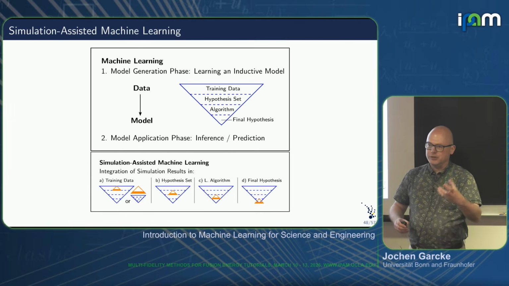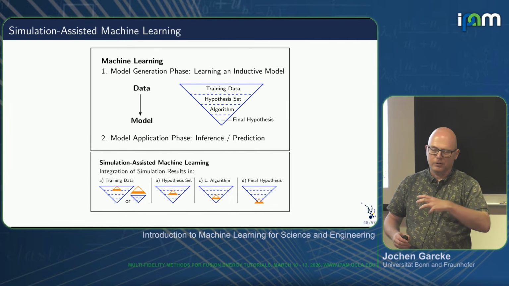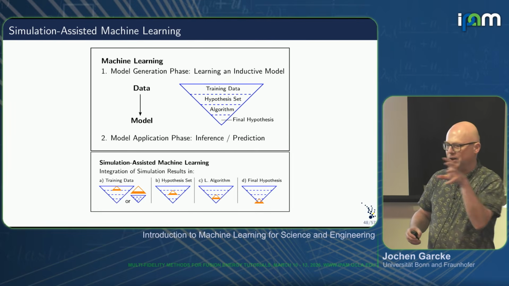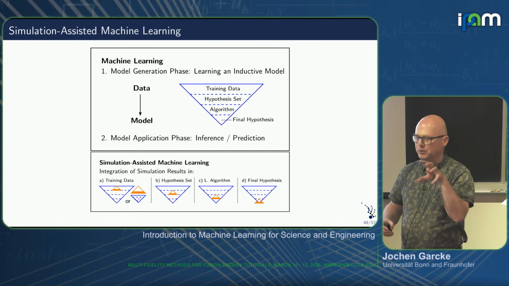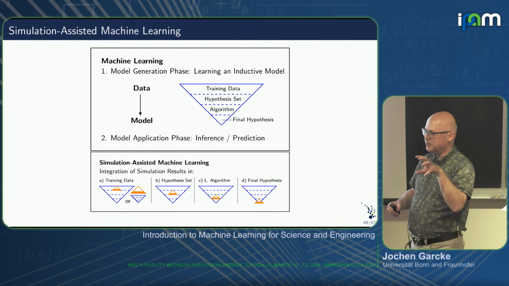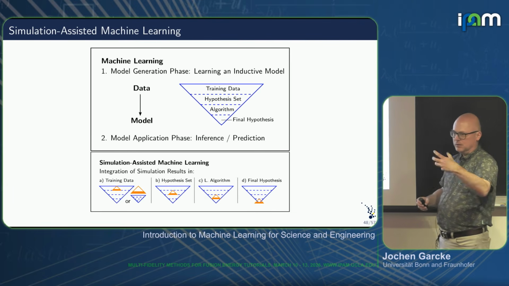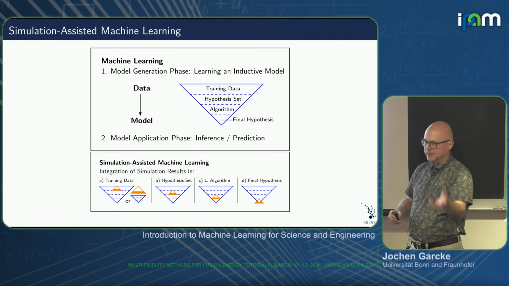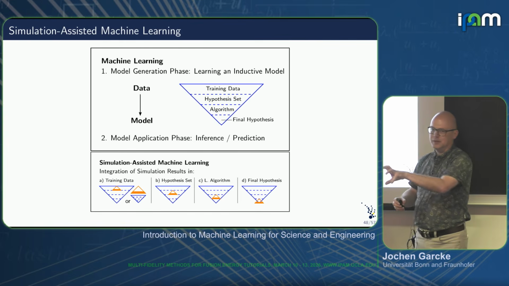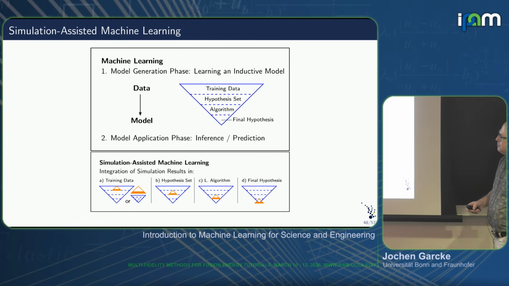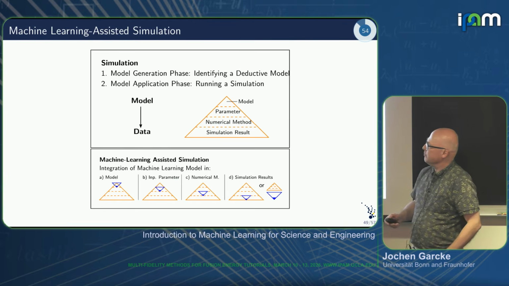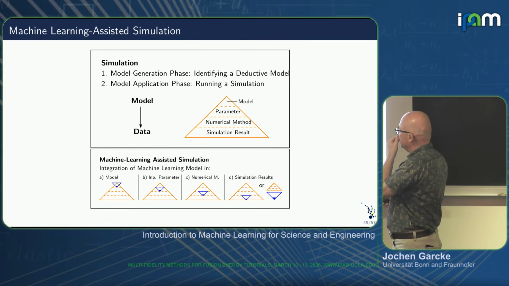Let's say you use machine learning to find a new molecule, and you can verify if this new molecule is reasonable by doing some numerical simulation on that. So you do this machine learning procedure, which is quicker, and in the end, you verify that the output is what you're after. And the other way around, machine learning assisted simulation.